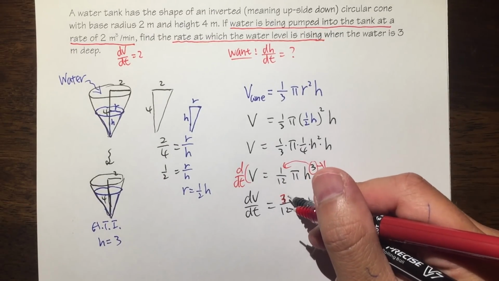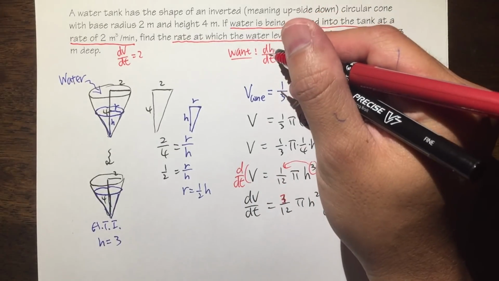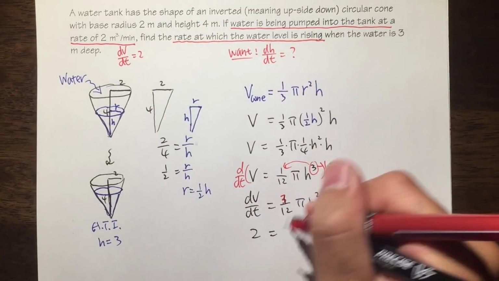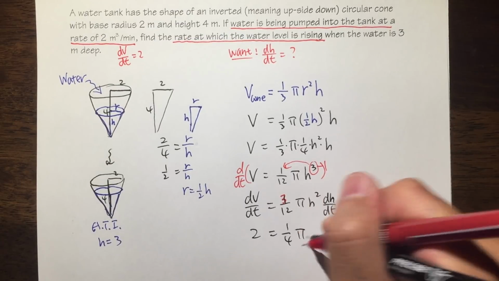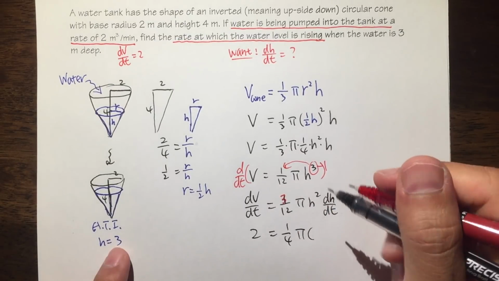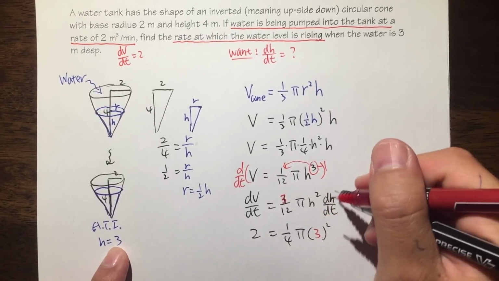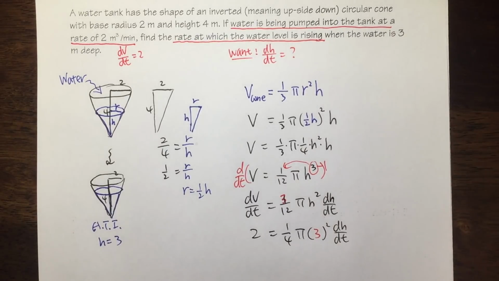So this is of course 1/4, and I need to find dH/dt. We know dV/dt is 2, so I'll put down 2. This is just 1/4, pi is pi, H is 3, so let's put that down and square it, and then dH/dt, we don't know.